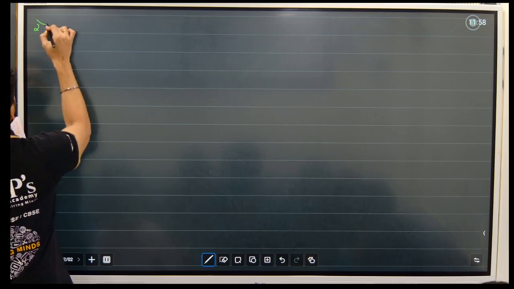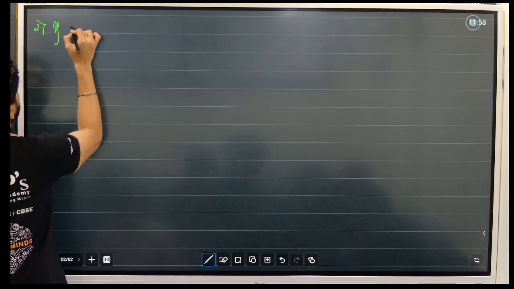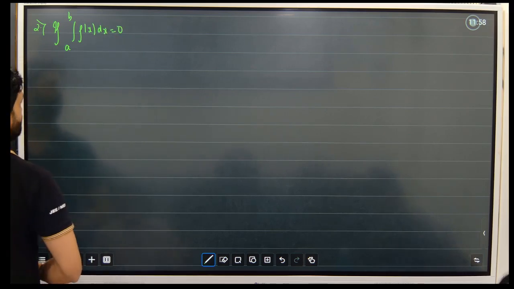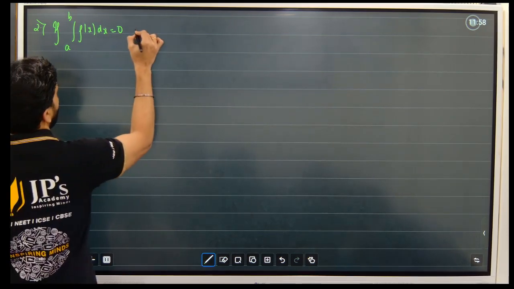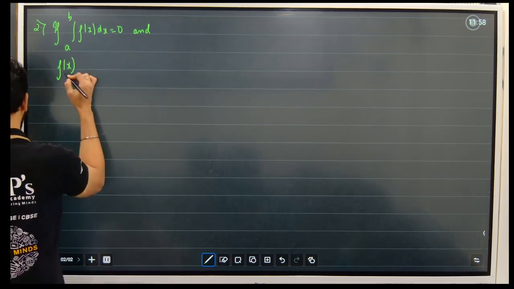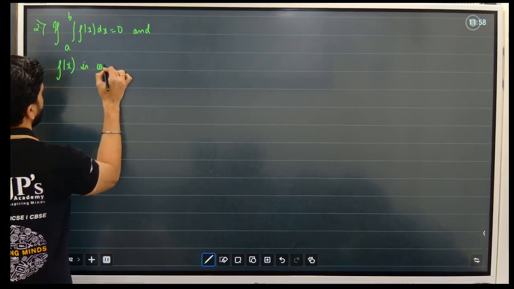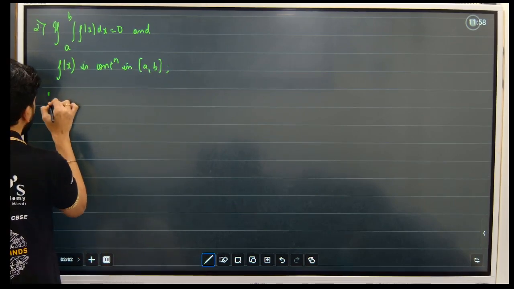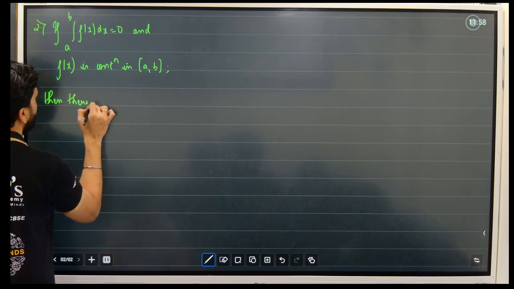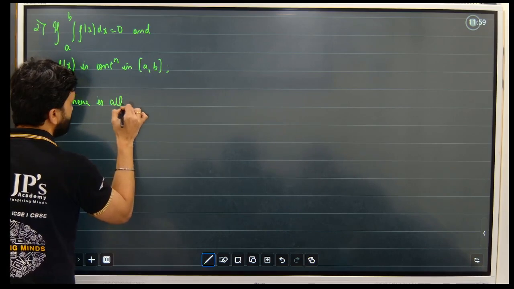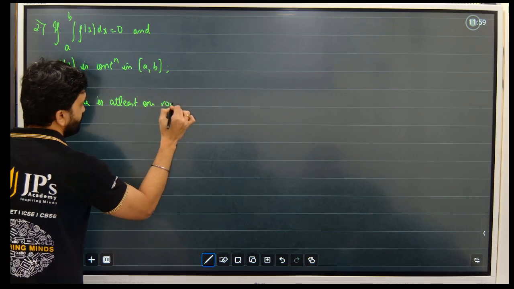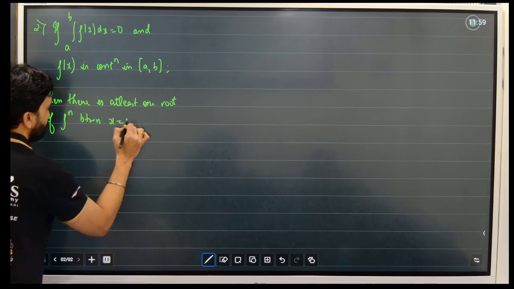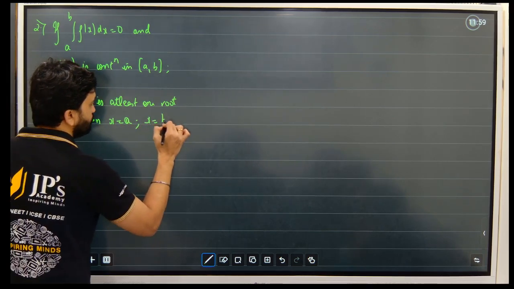Second point. If integration a to b f of x dx is equal to 0, and f of x is continuous in a comma b, then there is at least one root of the function between x is equal to a and x is equal to b.